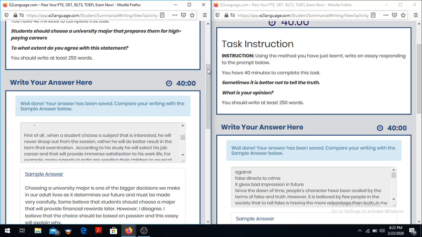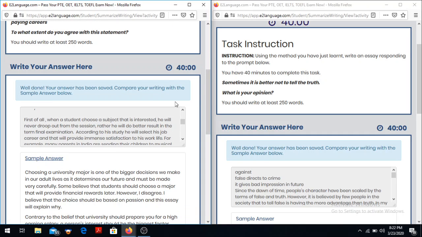The question is, students should choose a university major that prepares them for a higher paying career. So you can see it is written, some believe that students should choose a major that will provide financial reward later. So, financial rewards later.